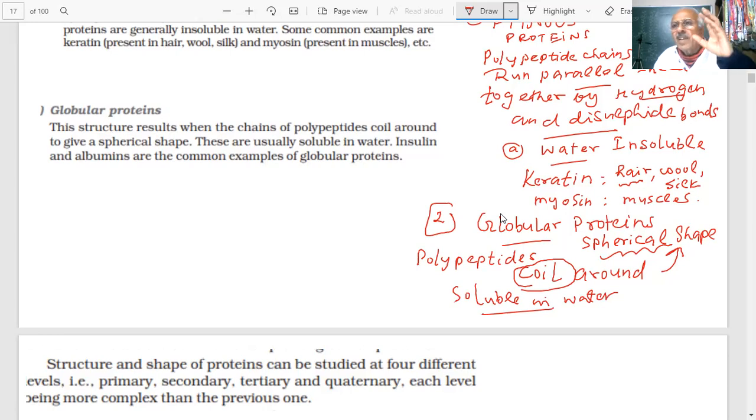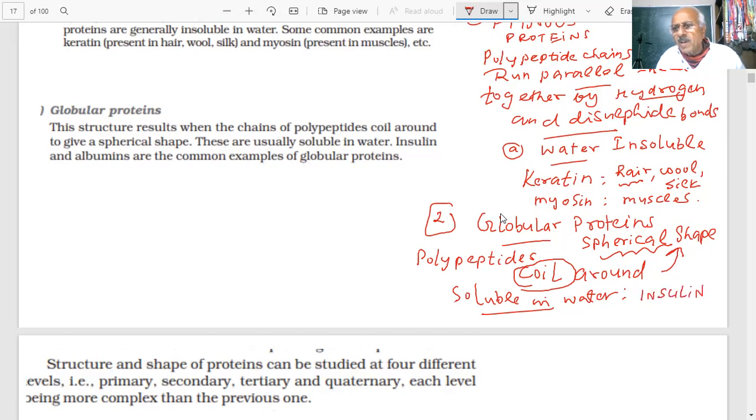He will ask you to give an example of a globular protein, students. One important example we should at least remember. Sometimes they ask for a difference between the two. At least one example we should remember, student: insulin.